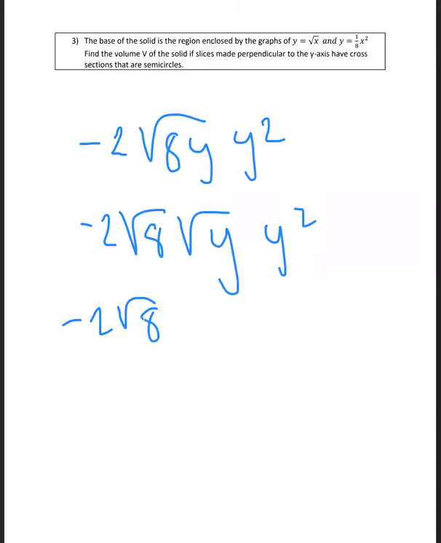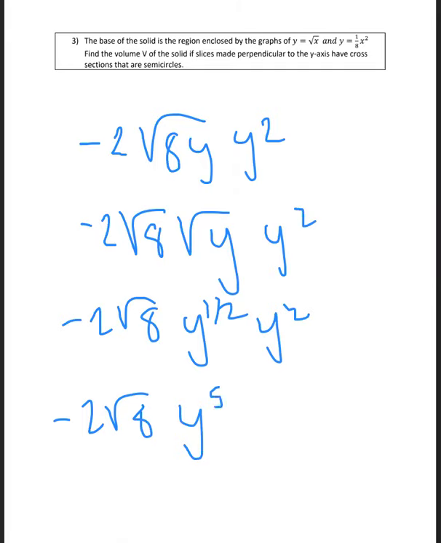But radical y is really y to the 1/2 times y squared, and that number is y to the 5/2, because y squared can be represented as 4/2, and when you're multiplying two terms with the same base, you just add the exponents. So it's really y to the 5/2.